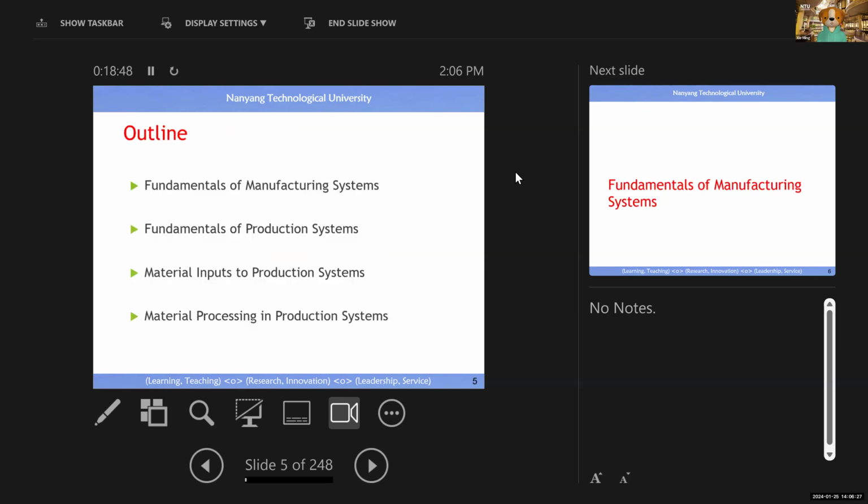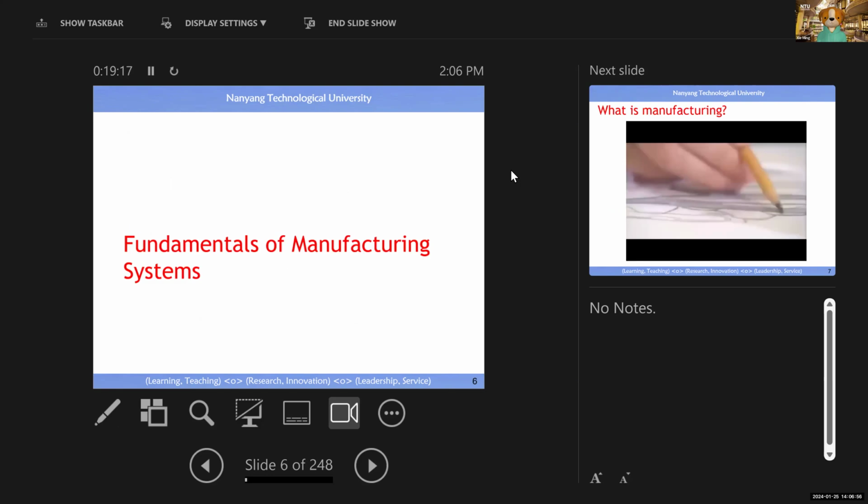So I will quickly help you understand what we mean by manufacturing system, what we mean by production system, and then look at the input to the production system and the inner process inside the production system, right? Subsequently, we try to identify the key parameters or key variables which could be put into control, right? Okay, so now we give a top-down view, right?